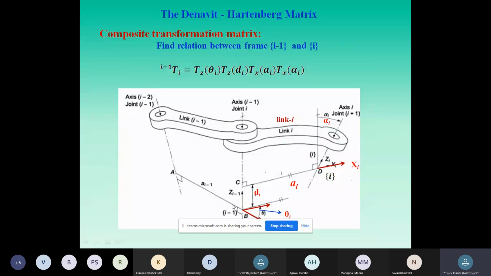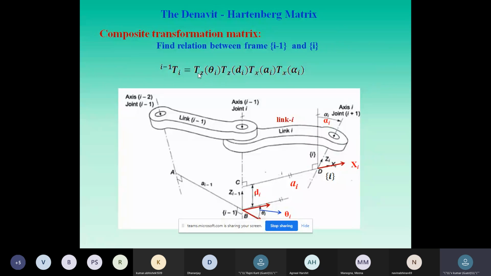Then you have to rotate theta i angle to align the Zi frame, the i frame and the i minus 1 frame. For that you rotate theta i about Zi.